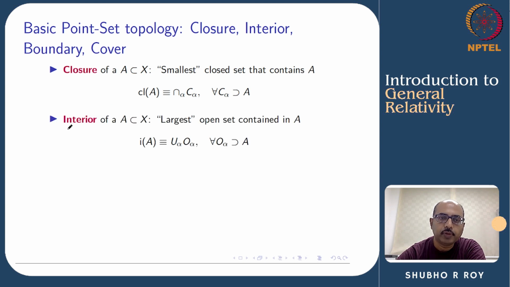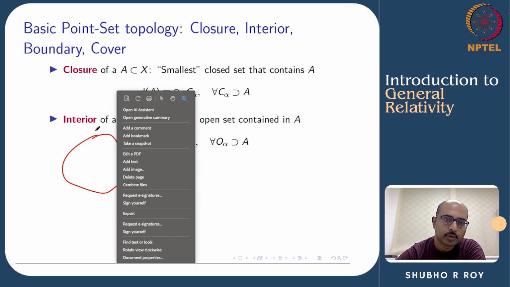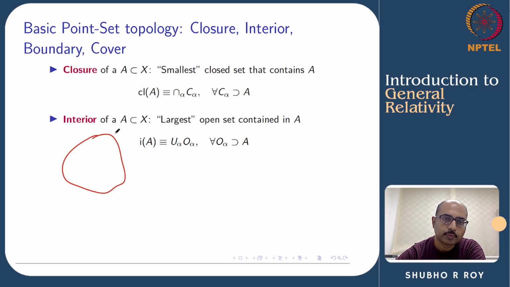The second property is known as the interior of a subset. The idea is that this has to be the largest open set which is contained inside A. So let me again draw a diagram. So this is X, and then again we have some subset A, not necessarily open or closed.